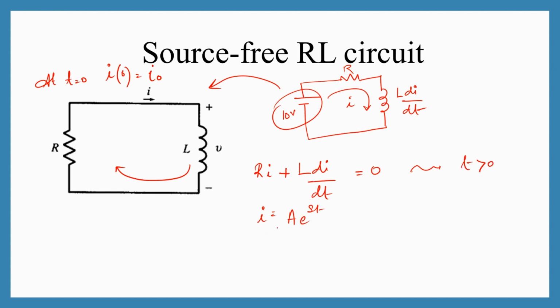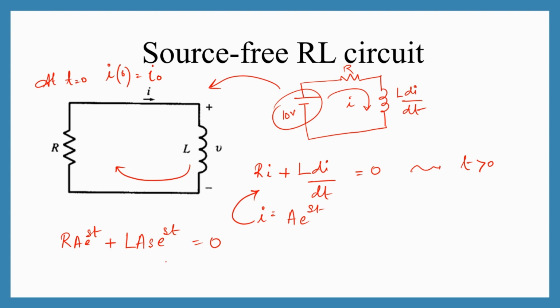Now we can substitute this I in this equation, and what do we get? We get R A e power st plus L A, and we have to differentiate this, so S e power st, equal to 0.